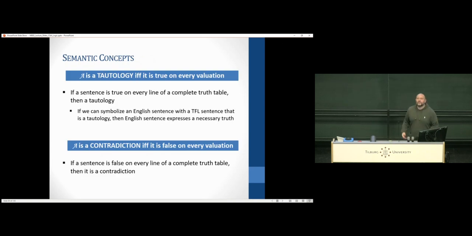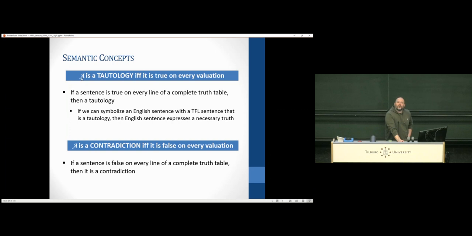So here's the first pair of semantic notions we'll define. We'll say that a sentence of TFL is a tautology if and only if it's true on every valuation. And I'll also flag something before we go on.